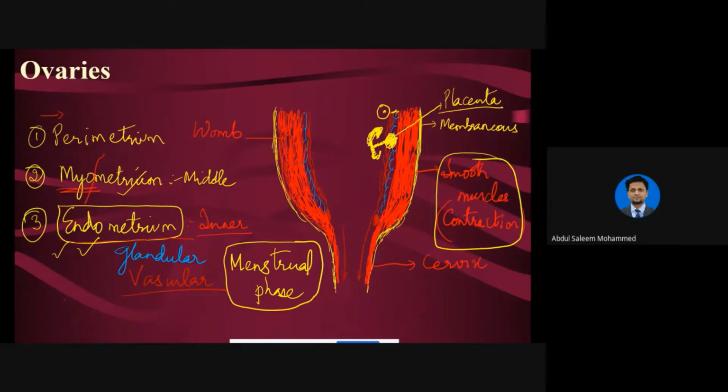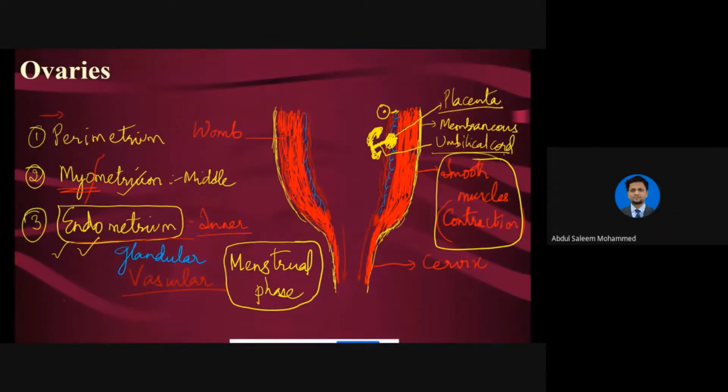And the baby gets proper nourishment through this placenta, and the connection appears later on, and it grows and transforms into a tube. That tube is called the umbilical cord. So through this cord as well, the baby will get proper nourishment, and all other various metabolic activities will continue to happen.